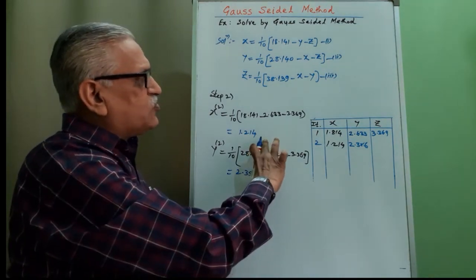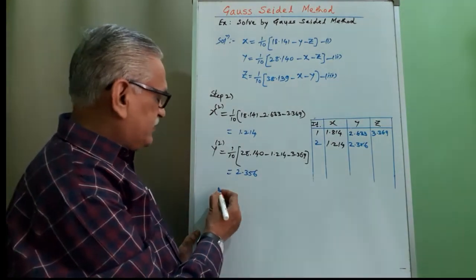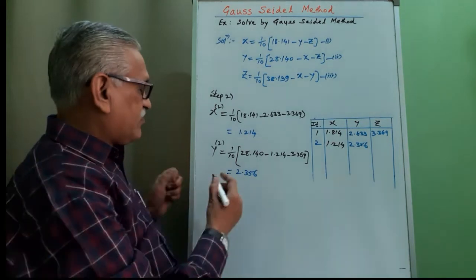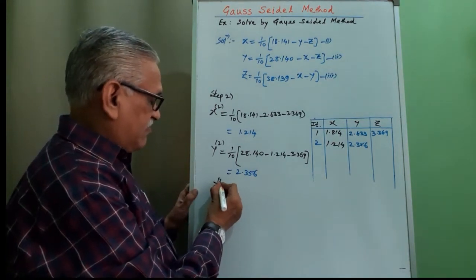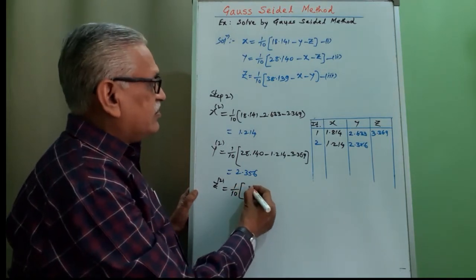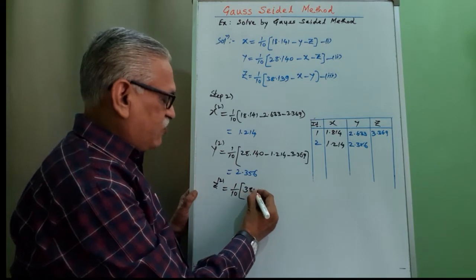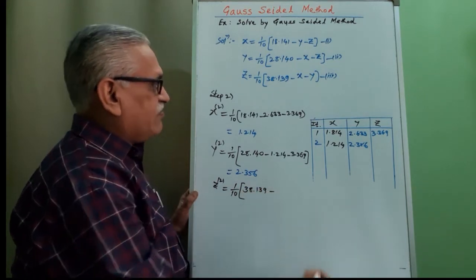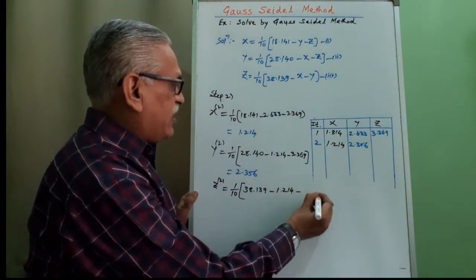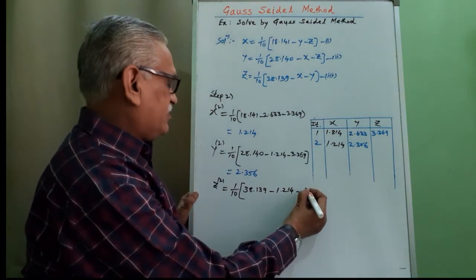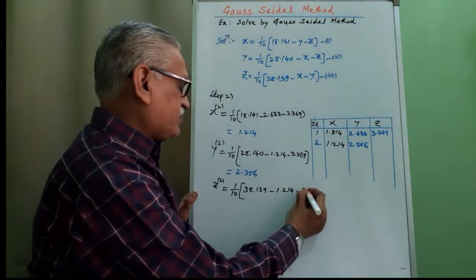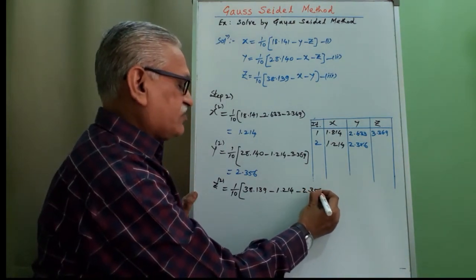Then using these two values here in equation 3, we get z2 is equal to 1 by 10 times 38.139 minus x, which is 1.214, and minus y, 2.356.